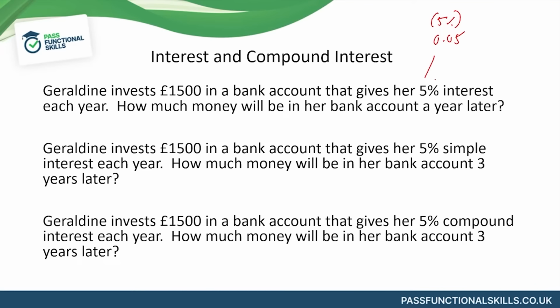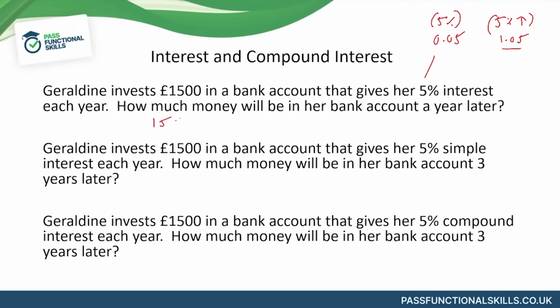So what we could do is we could work out 5% of this figure here and then add it on. However, we could apply a different multiplier, which is the multiplier for a 5% increase, and that is 0.05 plus 1, so 1.05. It's really worth trying to get to grips with understanding how these multipliers work when you're dealing with percentages.